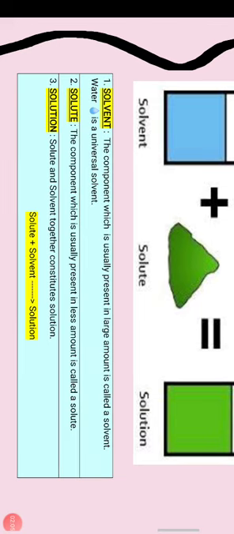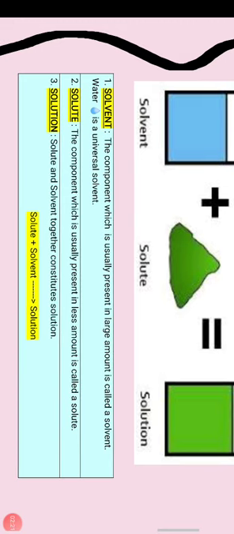So what is solvent? It is usually present in large amount, and you should also know that the component that dissolves the other component in it is known as solvent. Coming to solute. Solute is the component which is usually present in less amount. That means usually but not always.